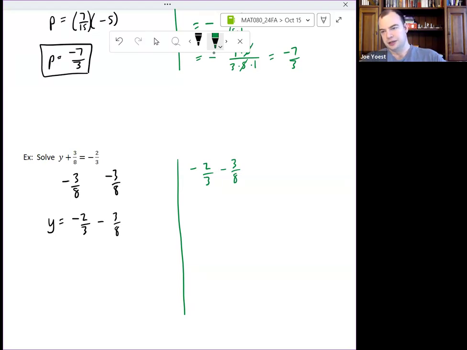So again, let's find a lowest common denominator. So 3's prime factorization is just 3, and 8 is 2 times 2 times 2. My LCD is just 24, the product of 8 and 3.